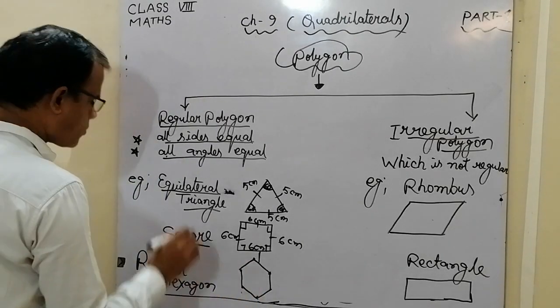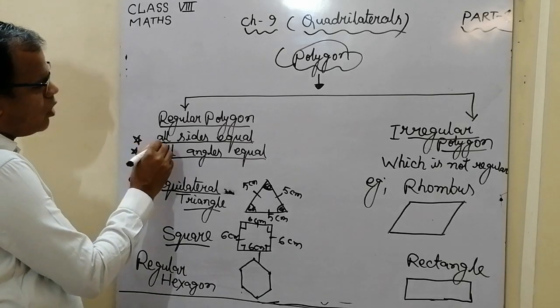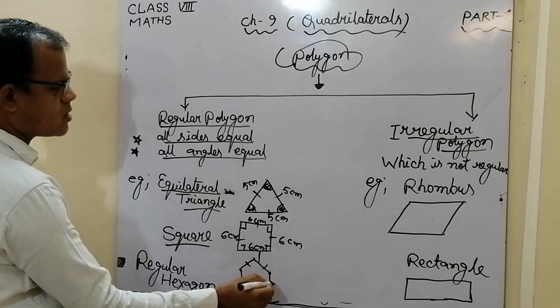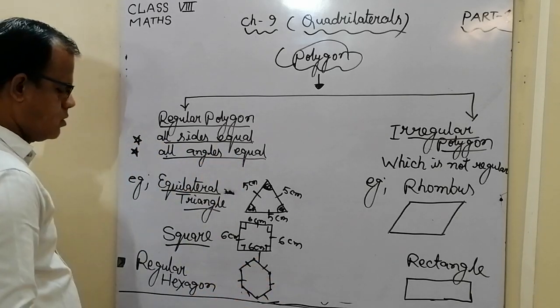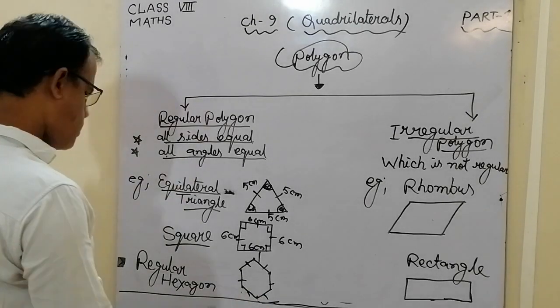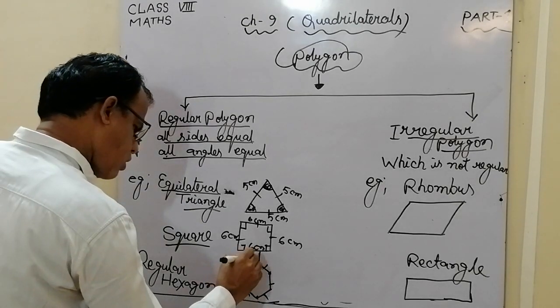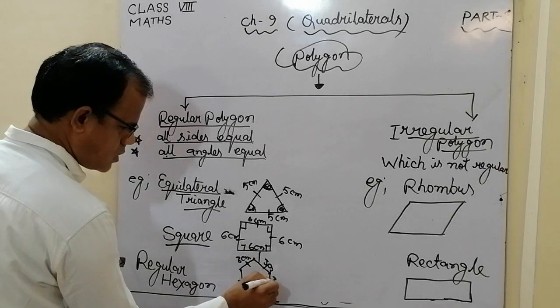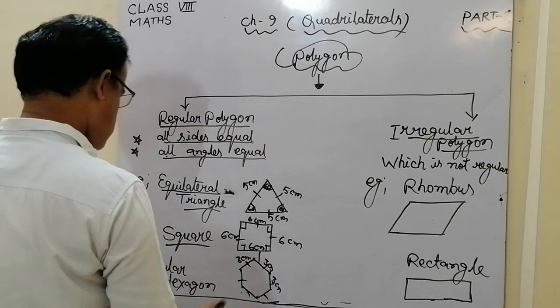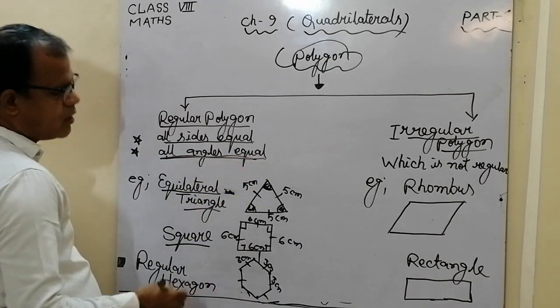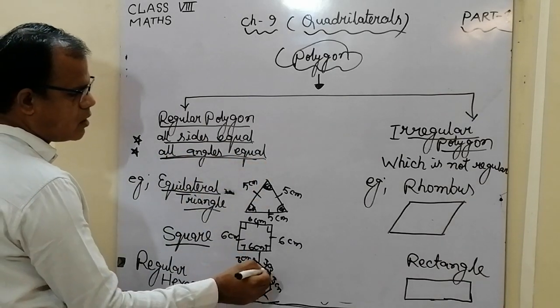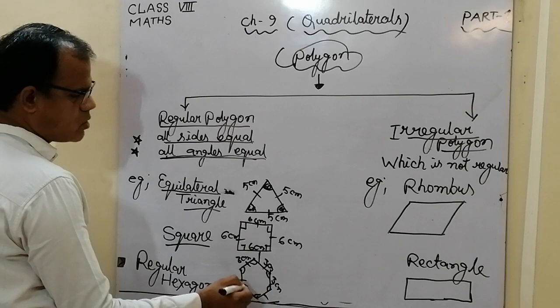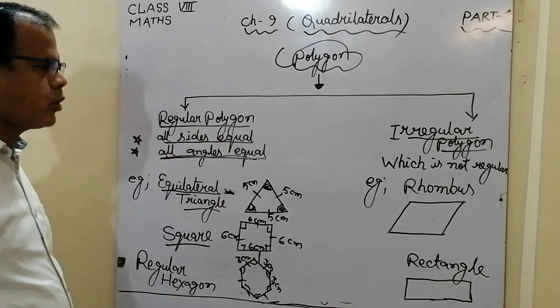First condition, all sides equal. Suppose this is 3 centimeter, so all these 6 sides are 3 centimeter, like that. And next, all angles are equal, so this is also known as a regular polygon.